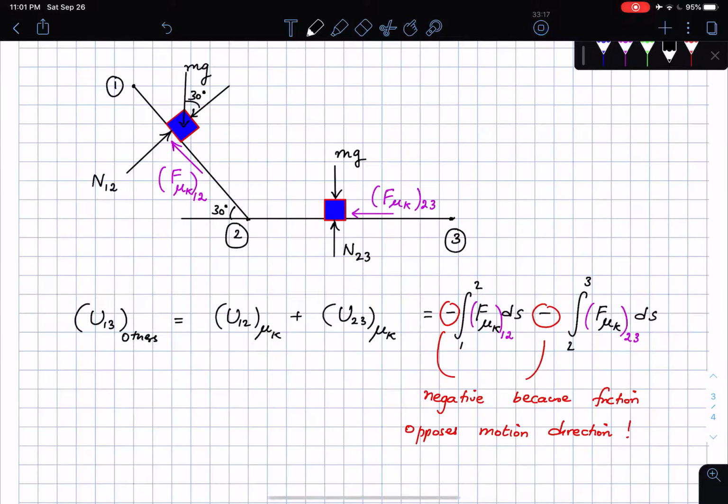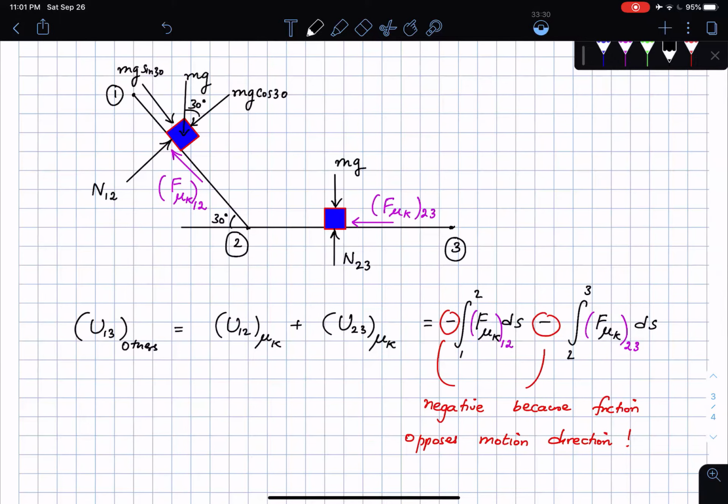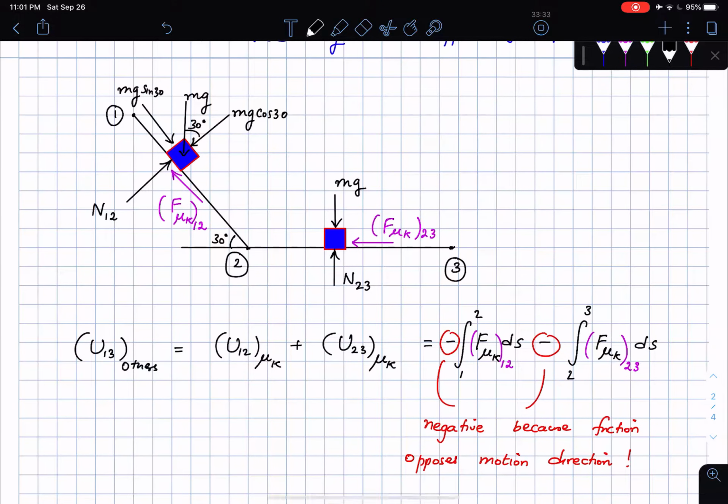This is going to be mg times cosine 30, and of course I'm going to have this mg times sine 30 component, which I'm not too worried about. From general force balance I can find out the following. N12 will end up being equal to mg times cosine 30, and then I can also see that N23 is going to end up being just mg. This is from force balance on the particle.